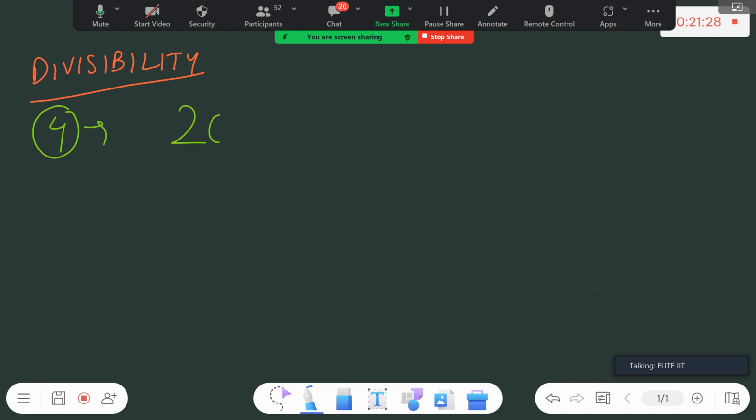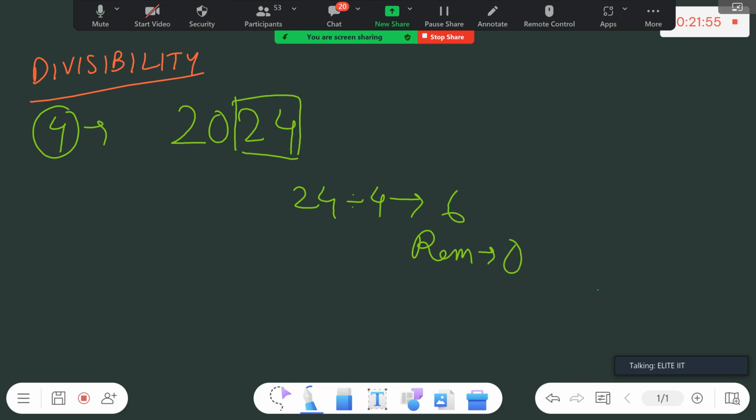For example, take the year 2024 and look at the last two digits. 24 is divisible by 4, because when you divide 24 by 4, you will get 6, and the remainder is 0. So since 24 is divisible by 4, your entire number 2024 is divisible by 4. Okay.